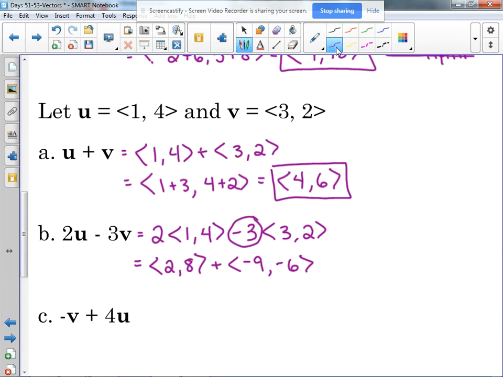If you just distribute the positive 3, then it's like subtraction. I would rather distribute the negative number and add than just distribute the number and have to subtract. Either way, you should get negative 7, positive 2.